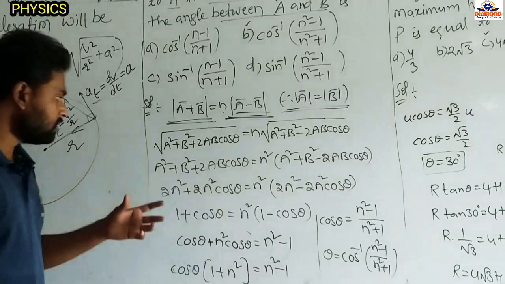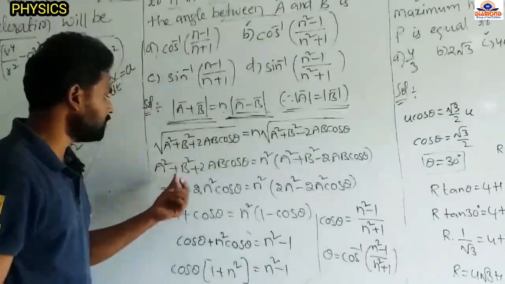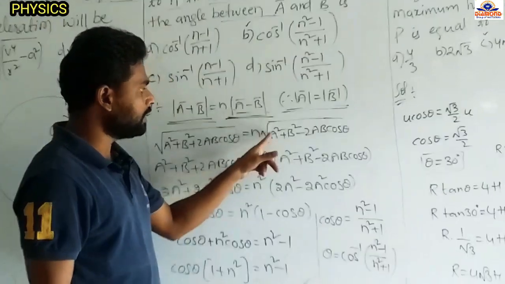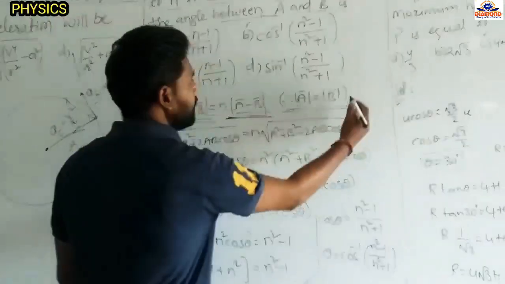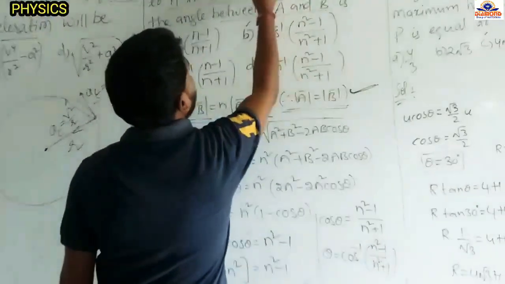To cancel out the square root, we have to square both sides. We will get this side a square plus b square plus 2ab cos theta equal to n square into a square plus b square minus 2ab cos theta. Now first, they have given the condition that the magnitudes of vectors a and b are equal.